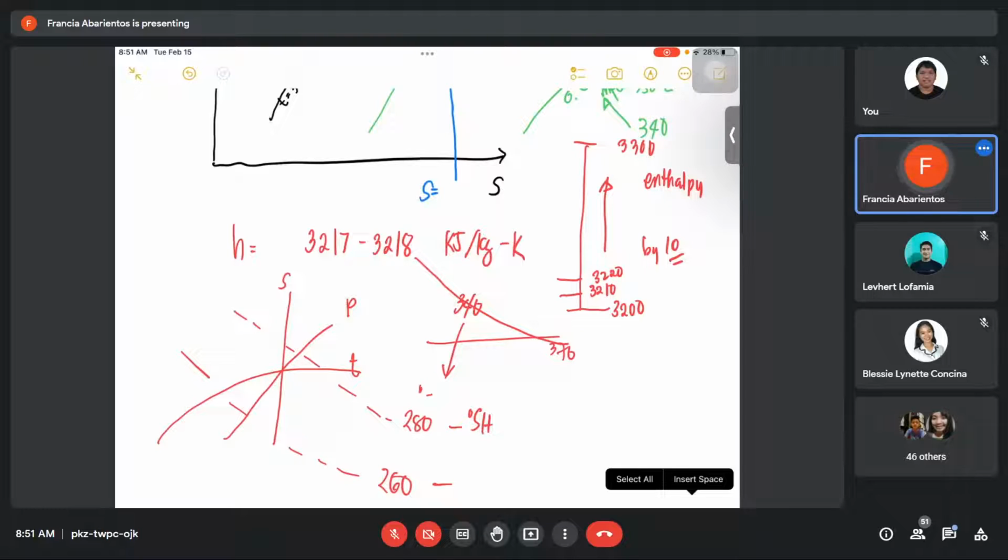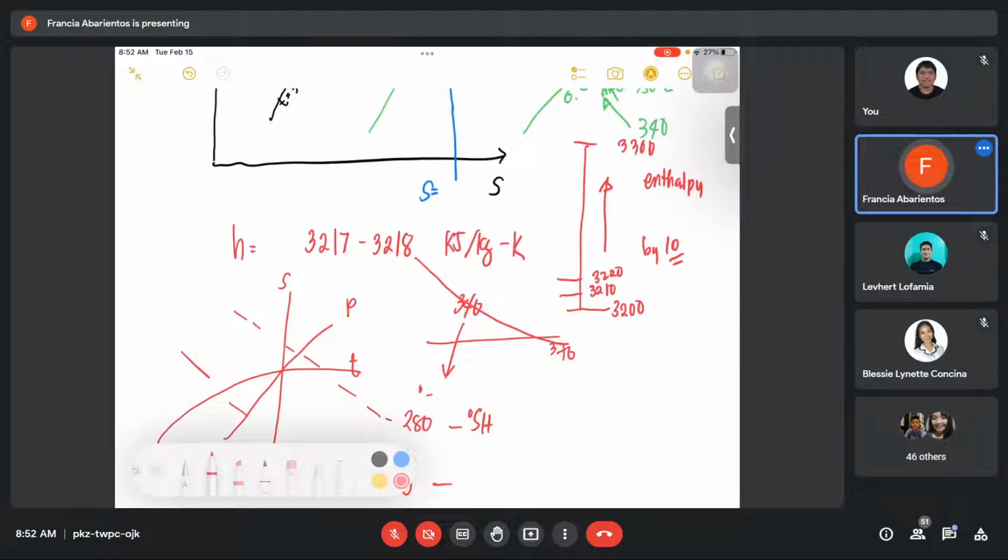If you find where the point is, class, just count and divide it by 2: 260, 280. So the middle is 270. This means when you measure it using your ruler, our point will fall at our degree of superheat.